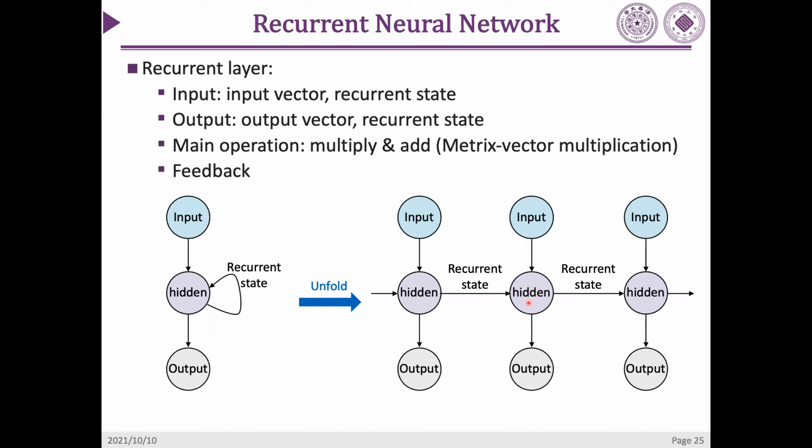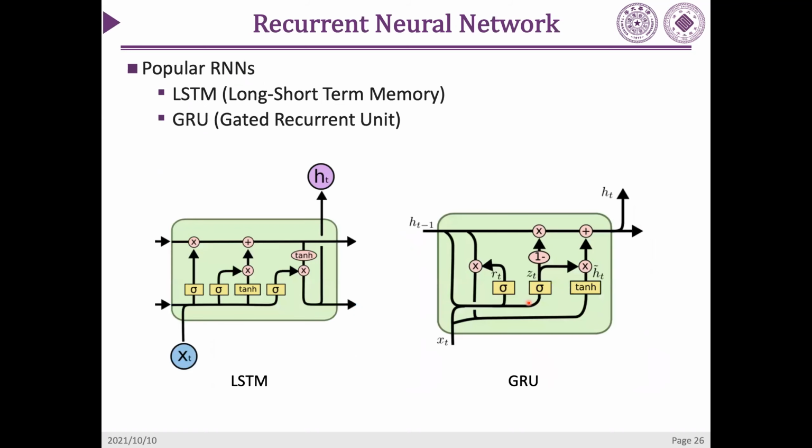Therefore, the recurrent neural network is suitable for processing sequence information. That's why it's used more for NLP or voice recognition, and so on and so forth. Both long short-term memory, that is LSTM, and the GRU, the gated recurrent unit, use gating mechanisms to avoid the forgetting of long-term information. So this gating part also needs to be implemented in the hardware.